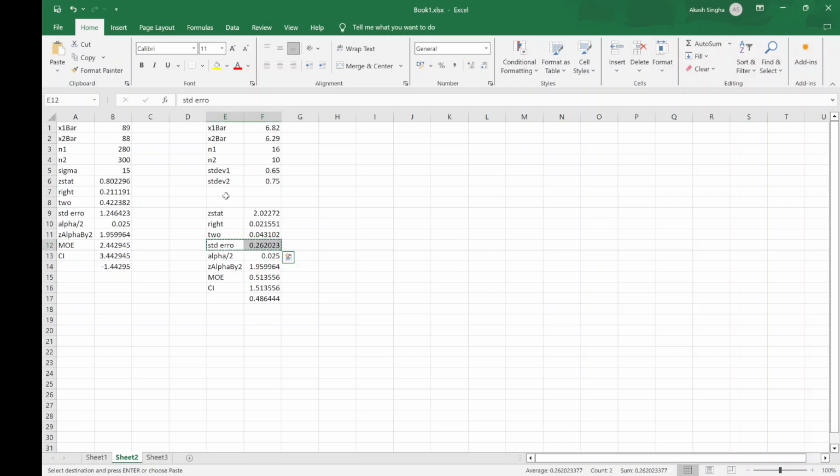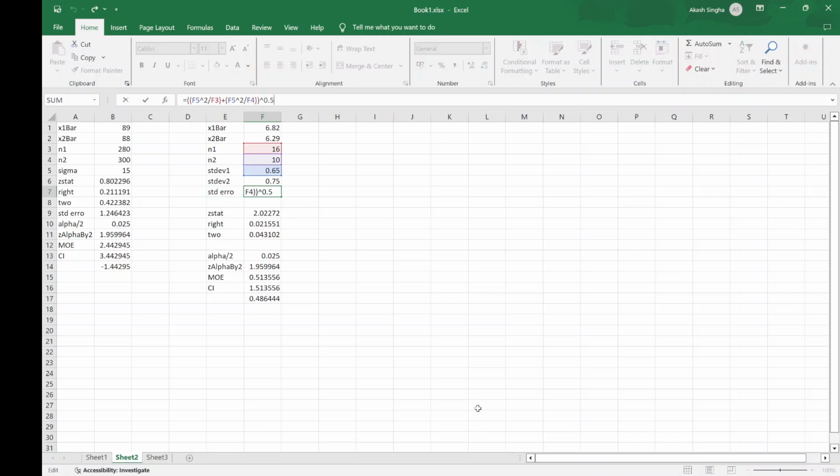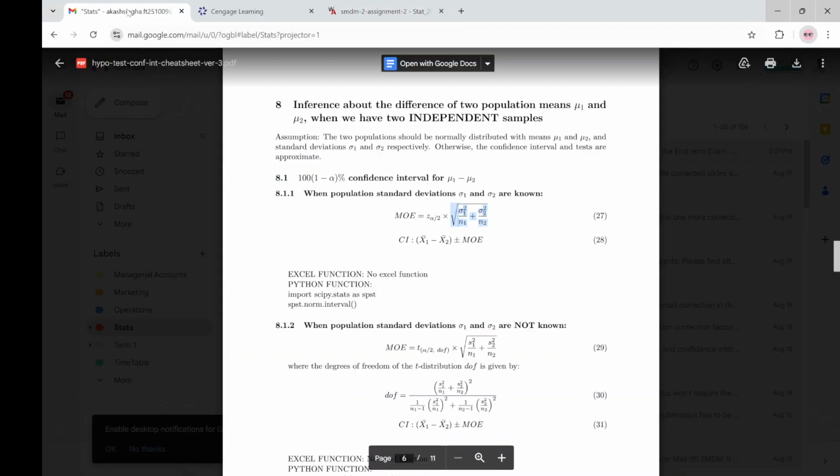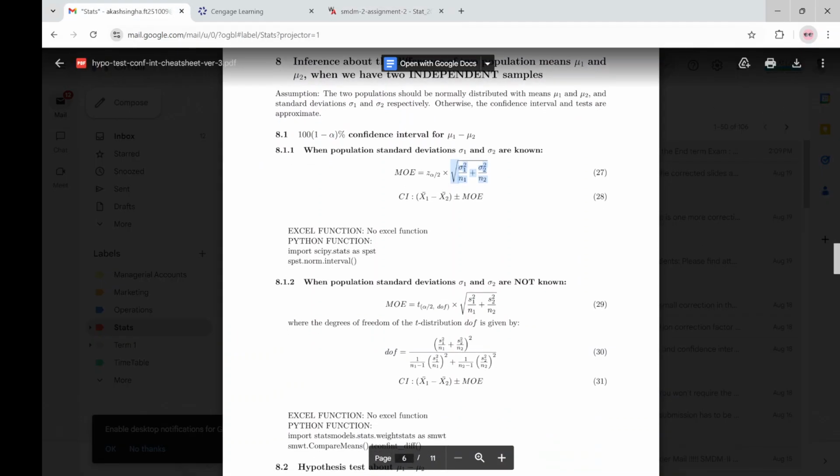Standard error can be calculated by this equation.